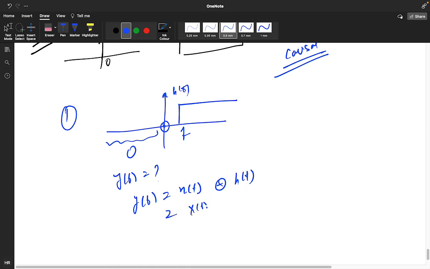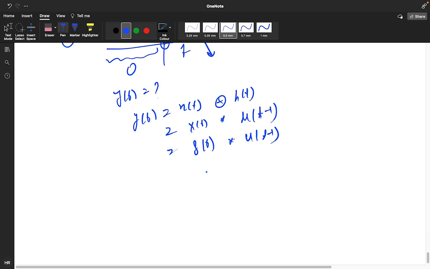And x of t is this, and h of t you can write as u of t minus 1. Since x was the delta function, delta t convolution with u of t minus 1.